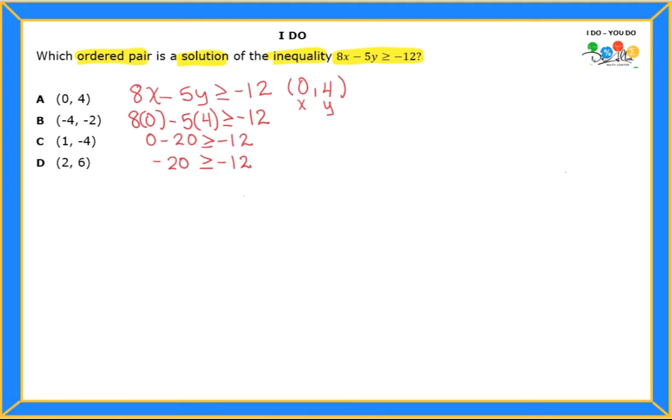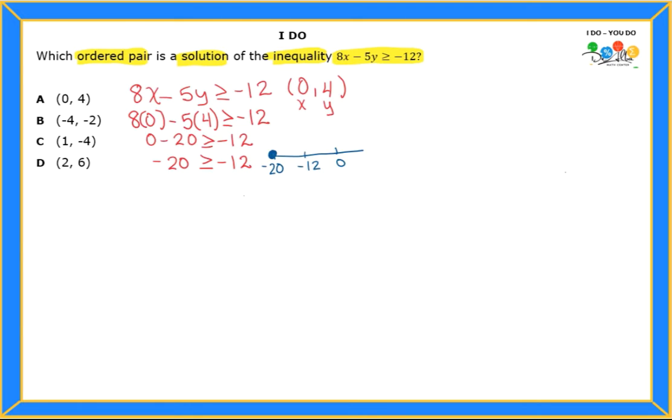If you're not sure about that, maybe what we can do is actually graph it. We're going to make a very small number line here just to represent those numbers, which are negative 12 and negative 20. And this is the number right here. Is it true that negative 20 has a bigger or greater value than negative 12?